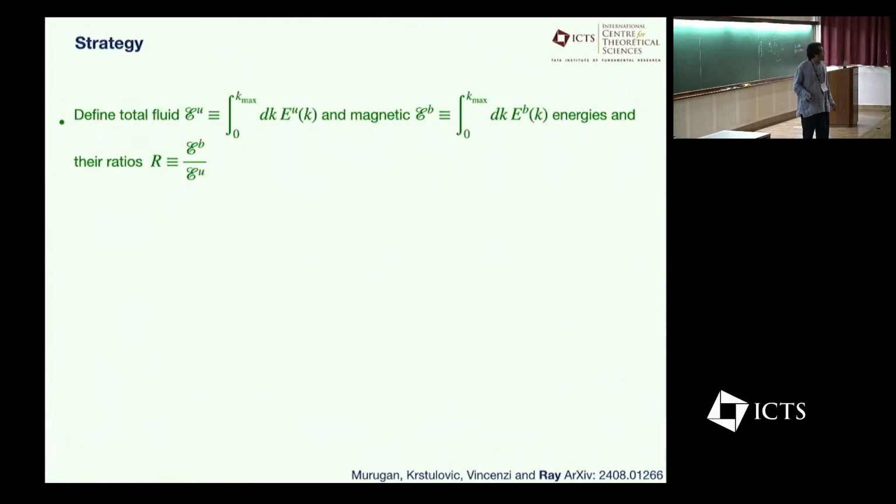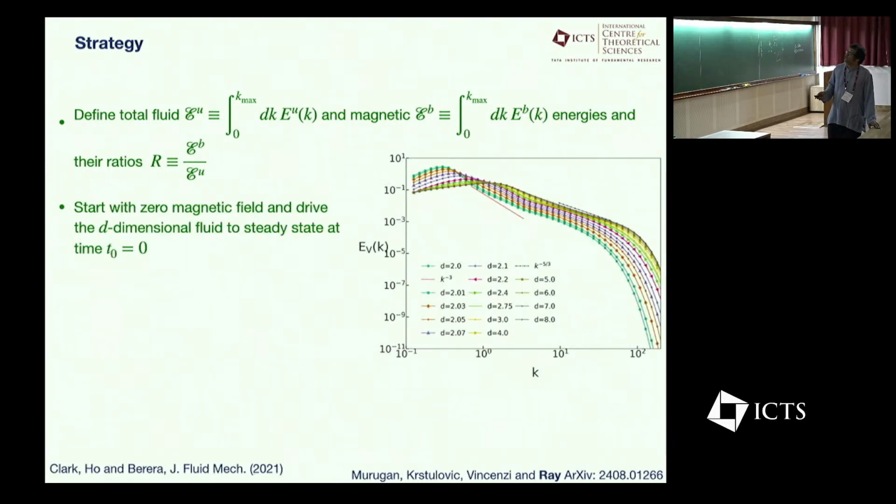So what's the strategy? The strategy is the following. We will define the total energy, which is just the integral of these spectral correlators, and we are going to look at the ratio of the magnetic and fluid energy. Then we will begin with a zero magnetic field.